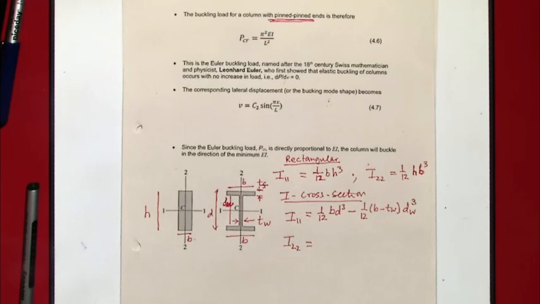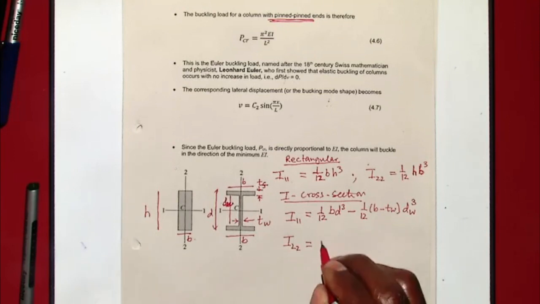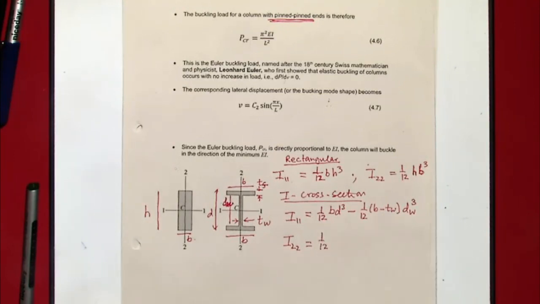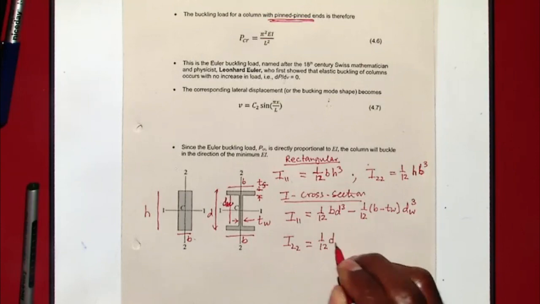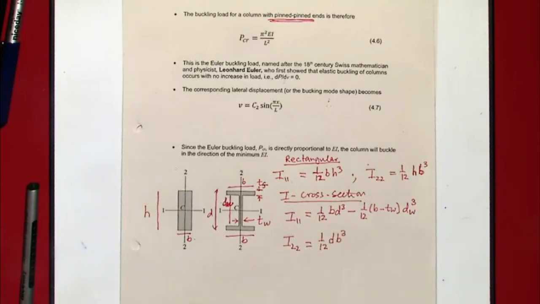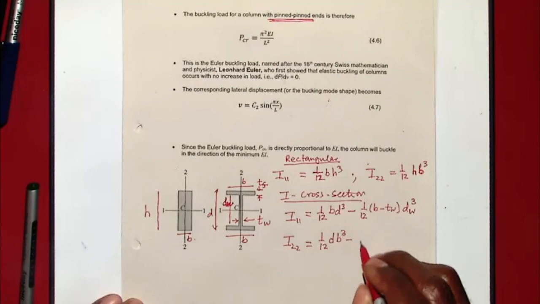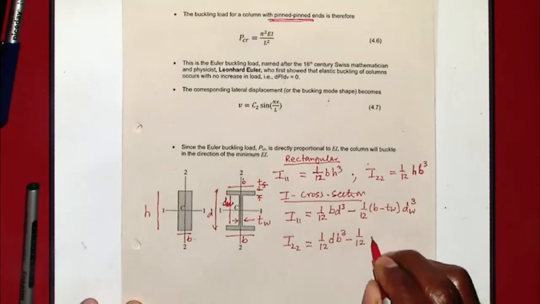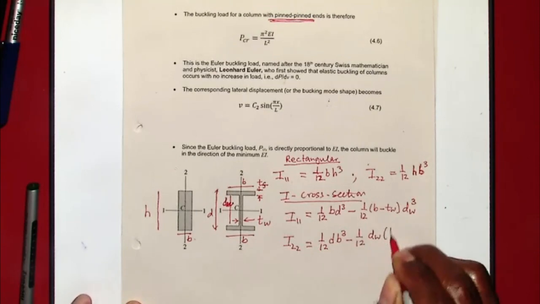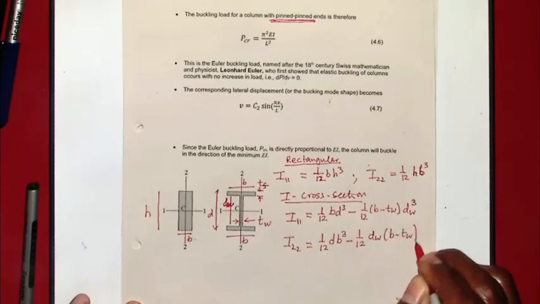That will be 1/12 of dBW. Okay, so we've taken that as a complete rectangle, and then I'm going to take away what is left. That'll be 1/12 dW B minus TW. Okay.